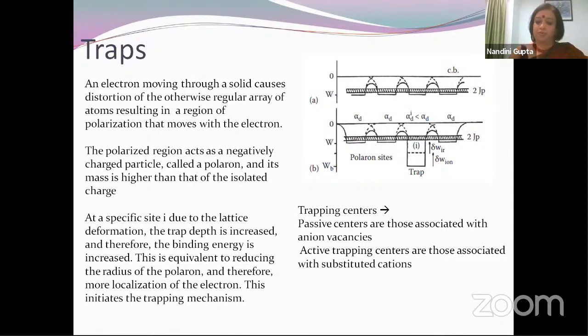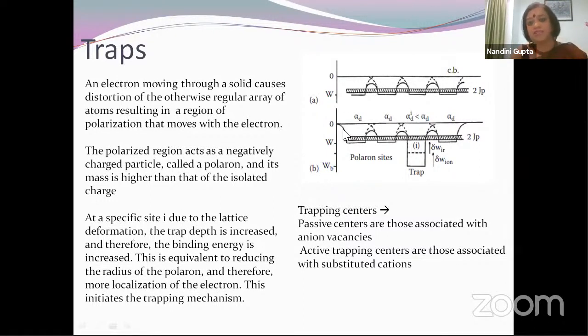Let us call that polarized region a polaron. Now, as the electron continues to travel through the medium, this polaron moves. As one polaron is created, the electron moves on. When the electron moves on, the polaron that it leaves behind goes back to its equilibrium situation. So it is again a neutral state.